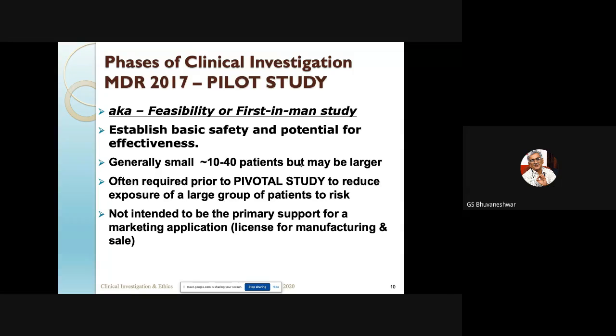So the numbers are generally gone by thumb rules, roughly how many complications you can expect or how many adverse events are likely. So for very serious implants, you may even limit it to 10. But for most studies I've seen, it varies from about 20 to 30 or up to 40.